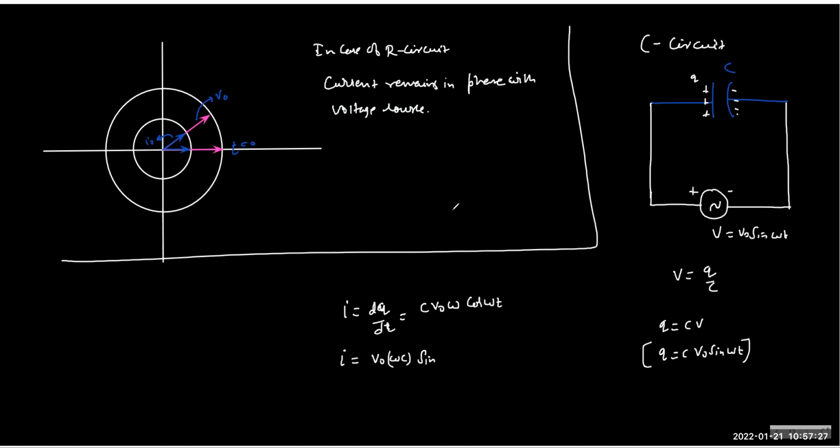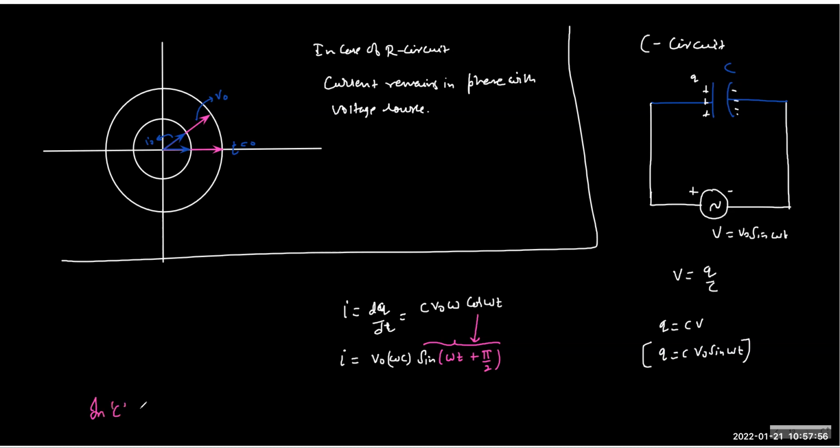It's like converting into sine. So this we can rewrite as this, correct? And this will give us the way to compare. Previously it was omega t, now it is omega t plus pi by 2. So we can say current is leading the voltage by pi by 2.